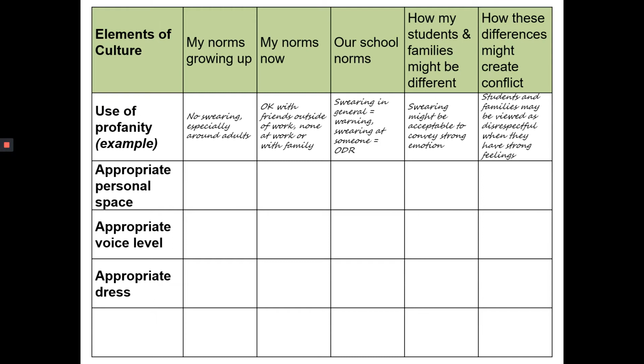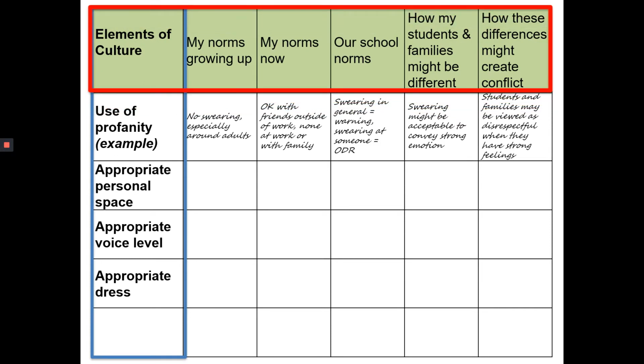So this is the Elements of Culture matrix, and in blue on the left side are examples of behaviors that you might want to explore. For example, use of profanity, appropriate personal space, voice level, and appropriate dress. In red at the top are ways of thinking about how norms and values may have been when you were growing up.